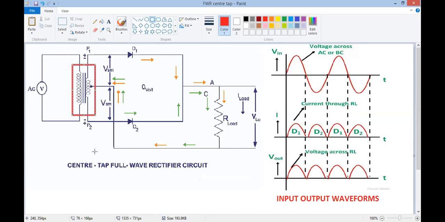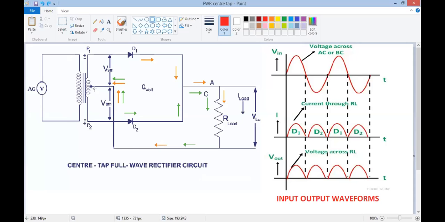But here in the transformer, you can see three terminals: first, second and third. So there are three terminals on the secondary side, and on the primary we have two terminals. In a normal transformer, generally only two primary and two secondary terminals are there. But in this transformer, you can see three secondary terminals. So this transformer is tapped at the center. That's why it is called a center tap transformer.